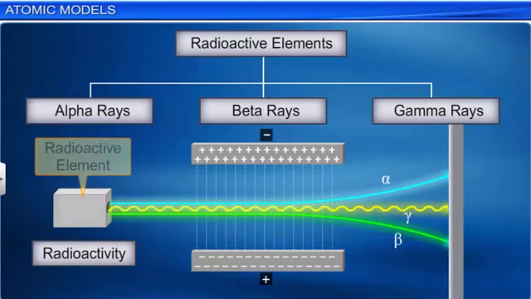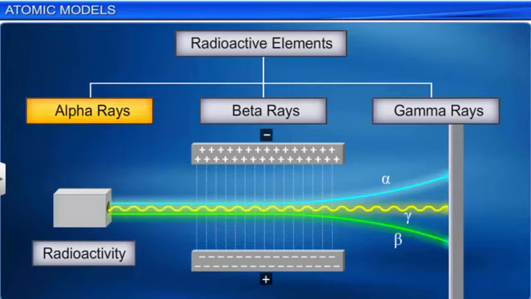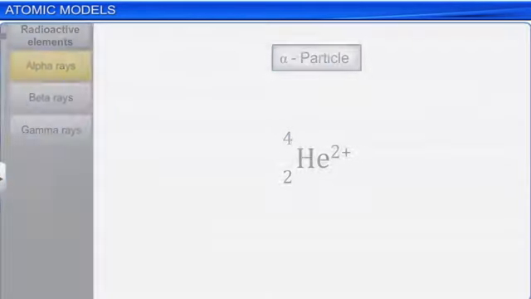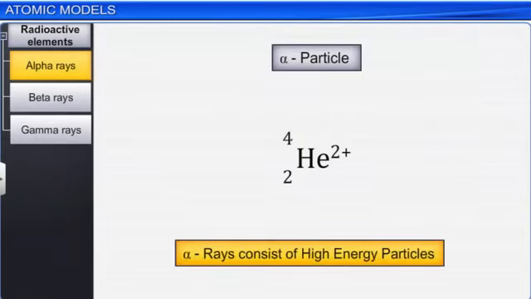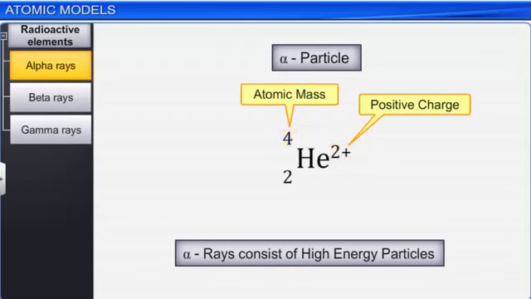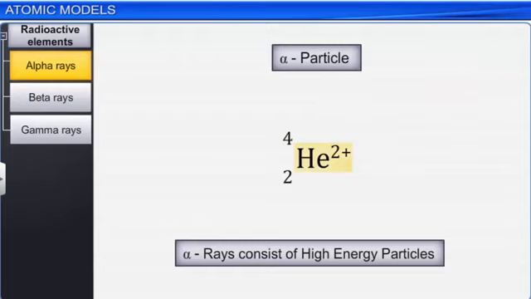The alpha rays are emitted by these radioactive elements along with beta and gamma rays. Rutherford found that alpha rays consist of high-energy particles carrying 2 units of positive charge and 4 units of atomic mass. Hence, these particles are dipositive helium nuclei.